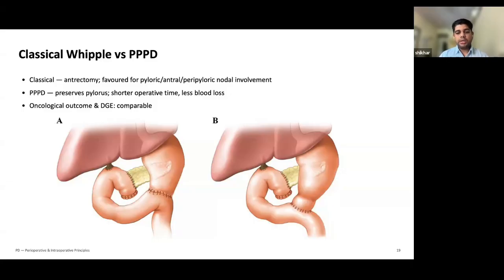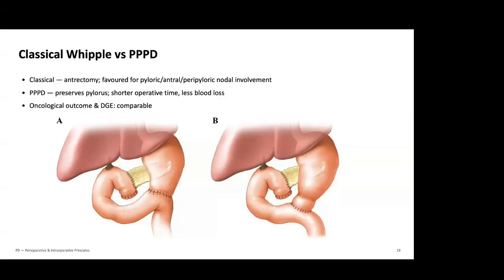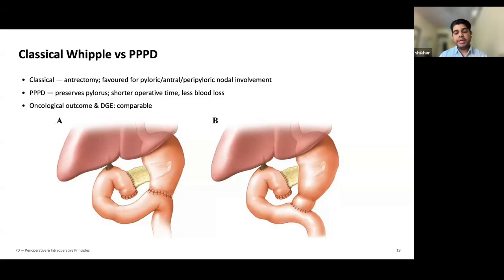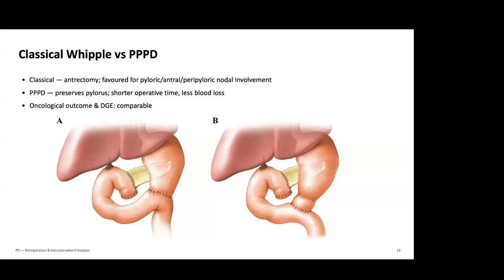Initial studies showed that with pylorus preserving there was more delayed gastric emptying. However, recent studies mention equal and comparable rates of delayed gastric emptying in both cases. So both are options.